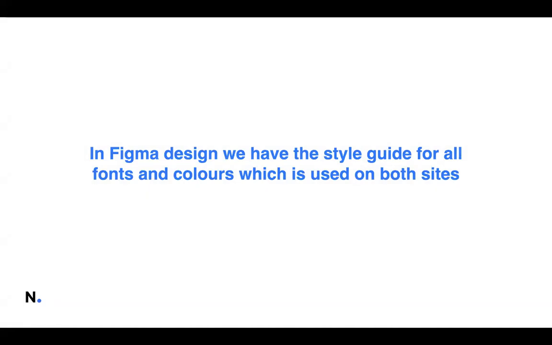So it's not just about implementation. What we also created is the design of the Bold site, which is in Figma, and there is a style guide for all the fonts and colors which are used on both sites. So why is this maybe interesting for you?